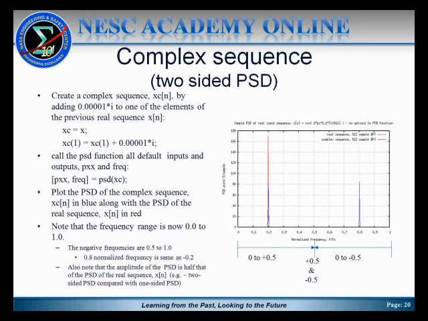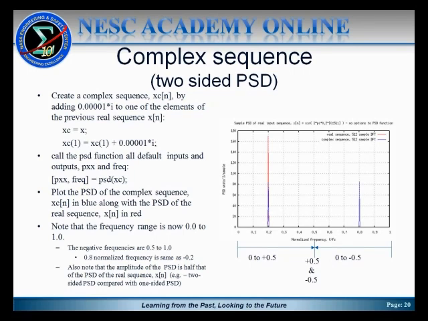In the figure on the right now, you'll see the normalized frequency goes from 0 to 1. You'll also notice the red line is the original real sequence PSD, and there you saw it was at a normalized frequency of 0.2, and its value, as you may recall, was approximately 170 units squared per sample.